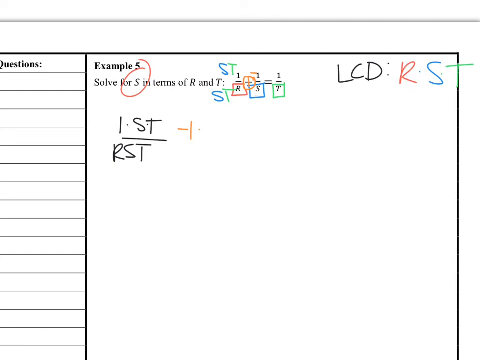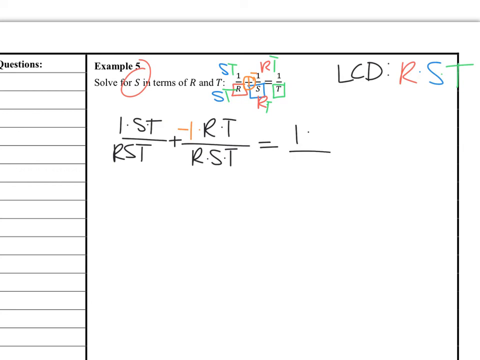We're missing the red and green, so we need r and t. So multiply by r on the bottom and on the top, multiply by t on the bottom and the top. Whatever you do to the bottom, you have to do to the top. So it's -1 times r times t all over, oh, and this has a big plus sign here, all over r times s times t. Still equal to 1 times something.